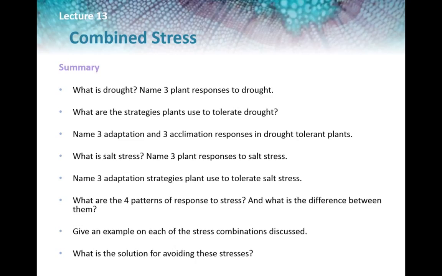And name 3 plant responses to salt stress. Name 3 adaptation strategies plants use to tolerate salt stress. What are the 4 patterns of response to stress and what is the difference between them? Give an example of each of the stress combinations discussed. And finally, what is the solution for avoiding these stresses?